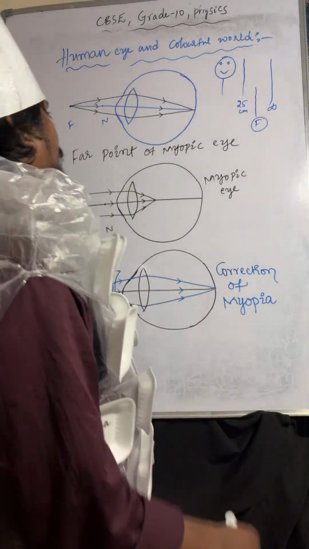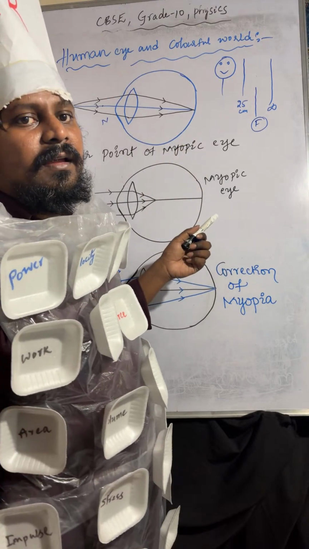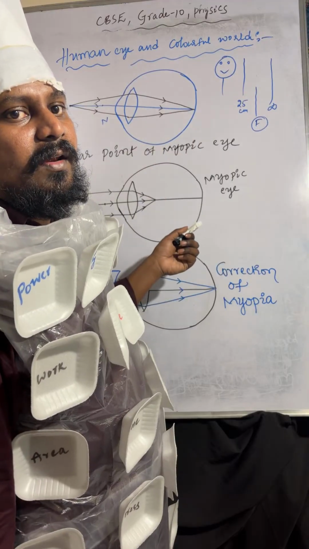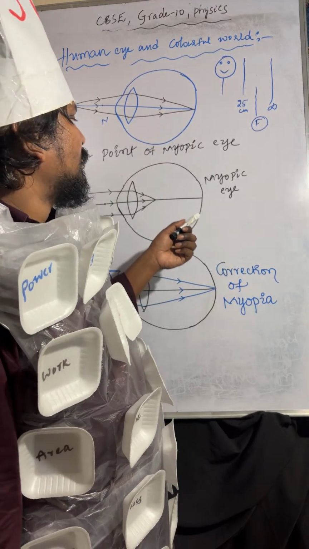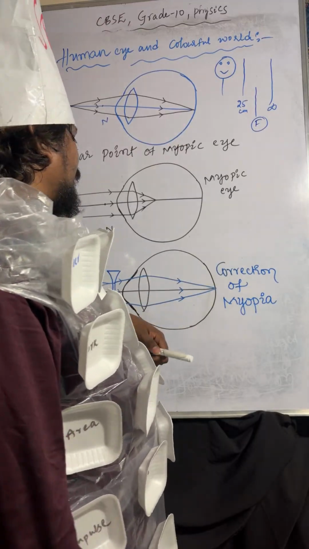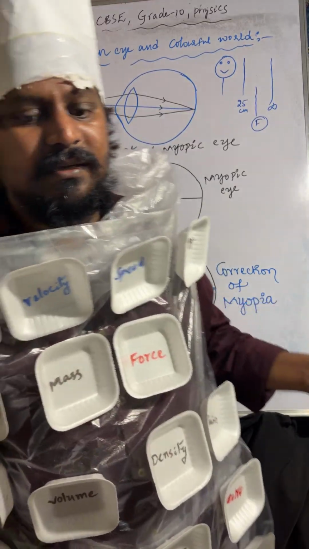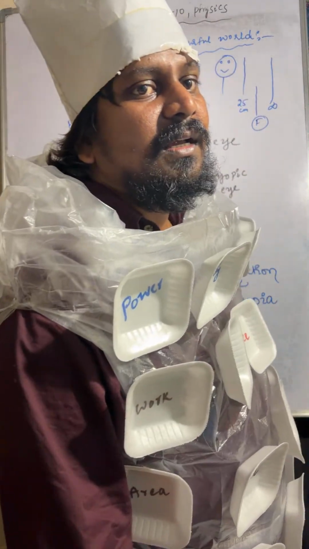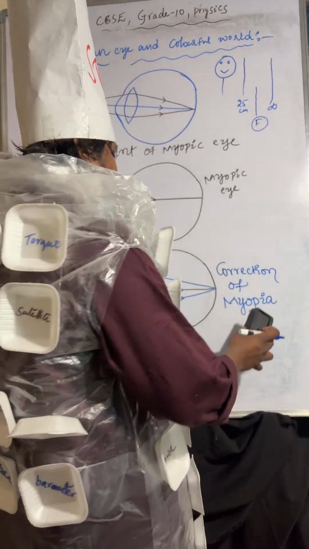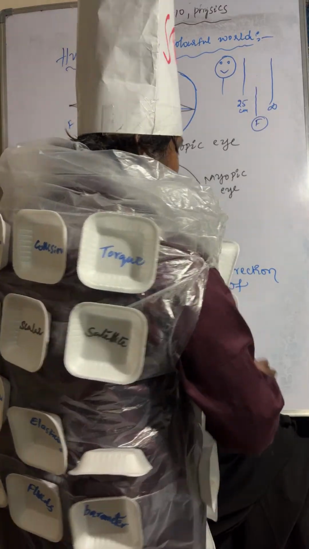Here you can see this is the far point of the myopic eye. So this is the myopic eye and the correction of myopia. Understood? Correction of the myopic eye.